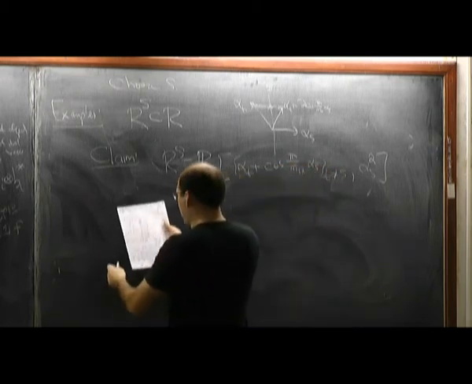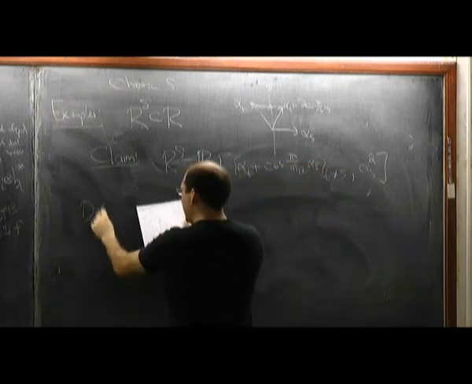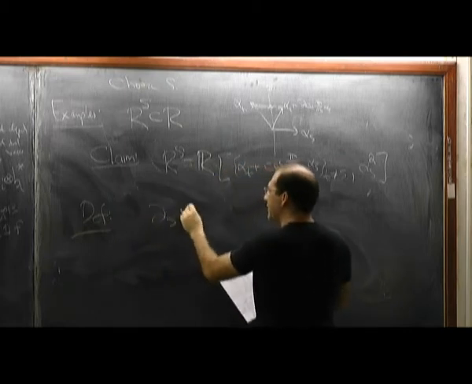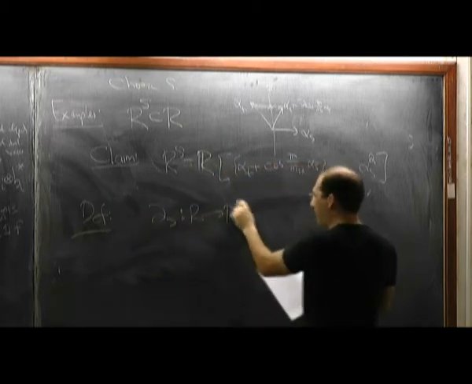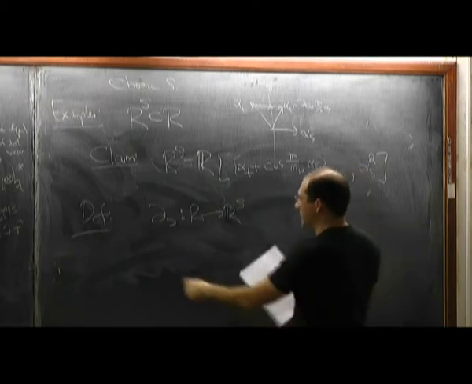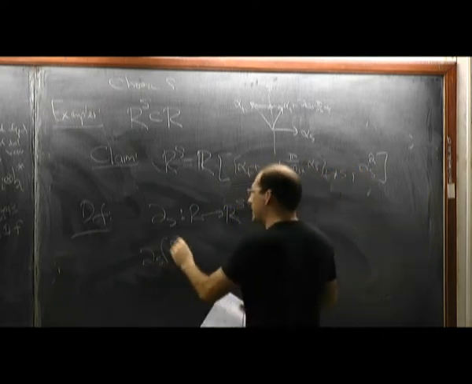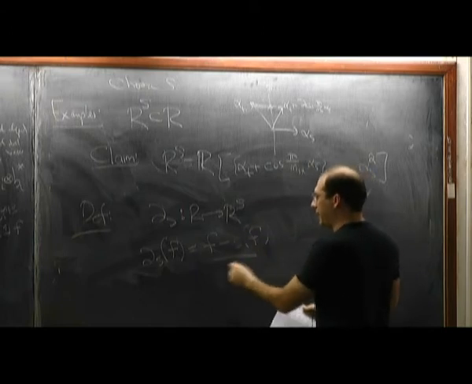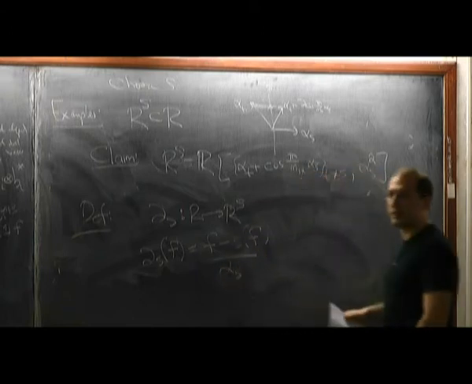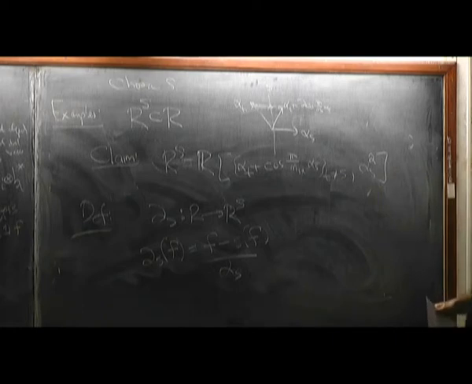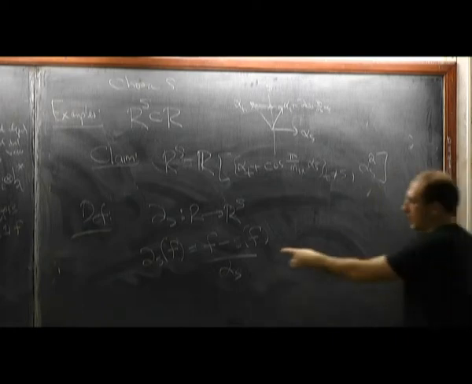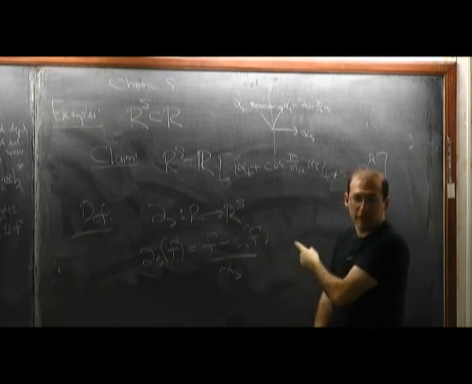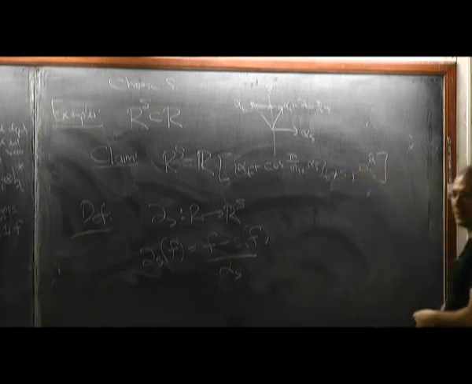Okay. So our definition then is that we'll define ds from R to Rs by the following formula: ds of f is f minus sf divided by alpha s. A priori, this thing doesn't look like a polynomial because we divided by something, but it turns out that the denominator divides the numerator.